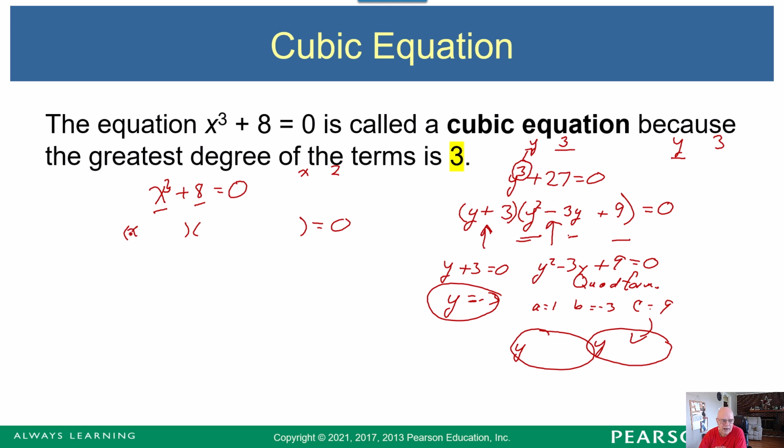So we can take the x plus 2 equals 0, and the x squared minus 2x plus 4 equals 0, and we're just about there. One solution is -2, and I'm going to leave this to you. You need some practice using the quadratic formula. I'll just tell you a is 1, b is -2, c is 4.